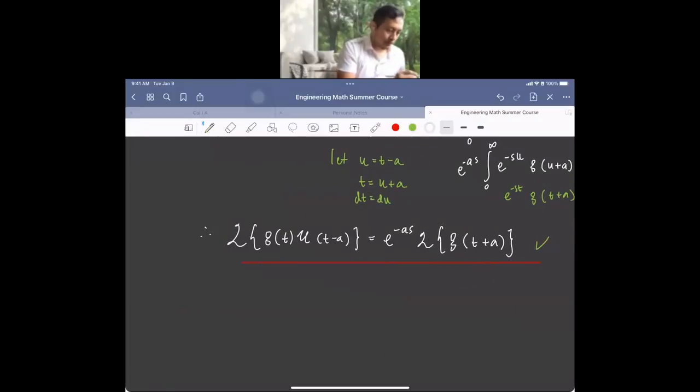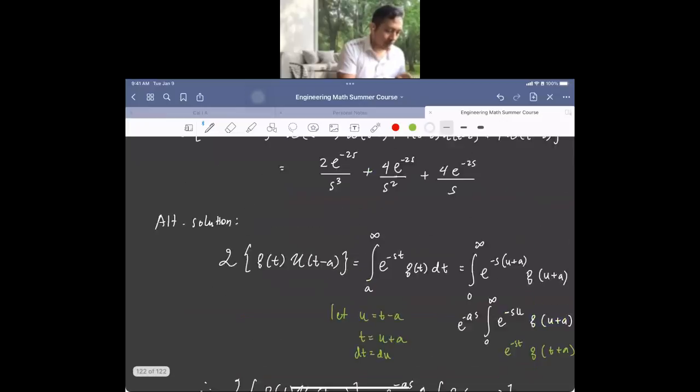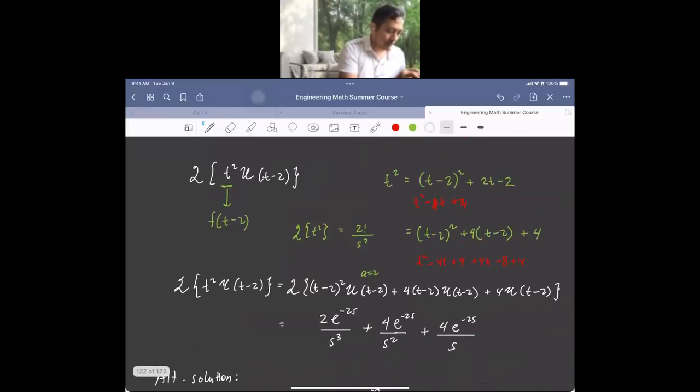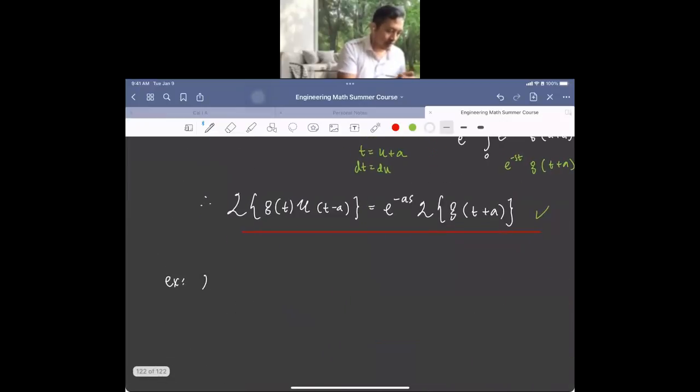So if we are going to write down this function here, the Laplace of t squared and then Heaviside t minus 2, what we can do here is we define that a is 2, and then g is t squared.